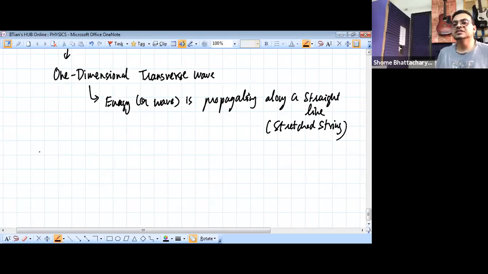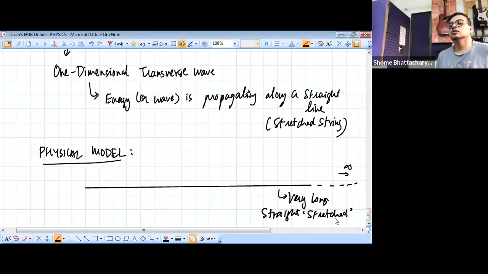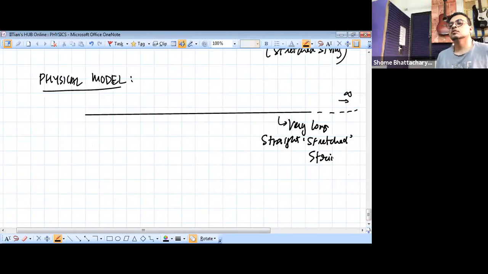So our physical model of this is that you have literally an infinitely long, very long, straight stretched string, and one end of the string, we take this as the x-axis.